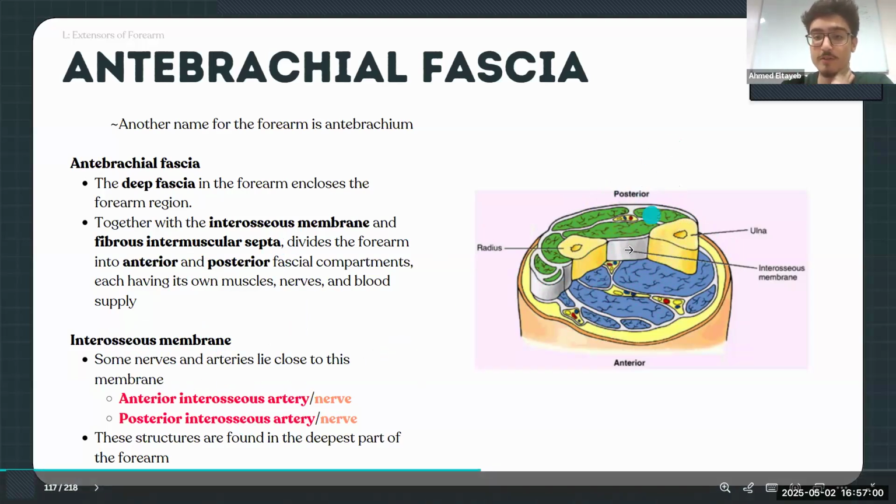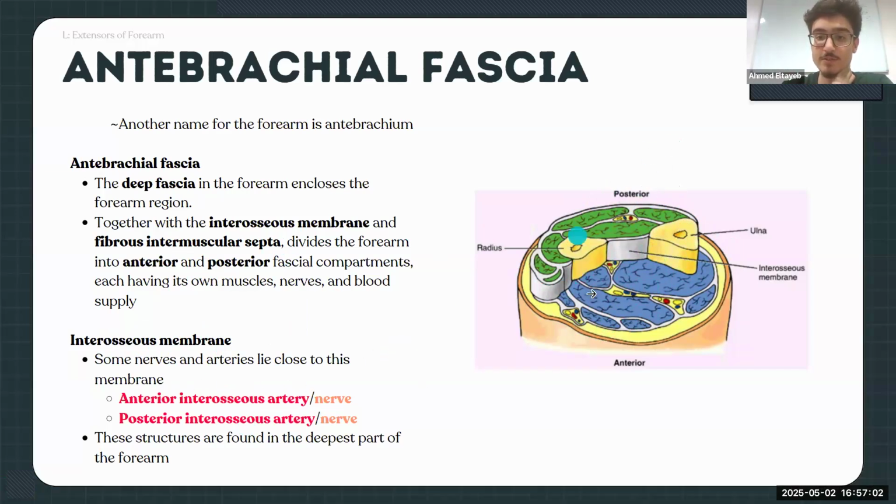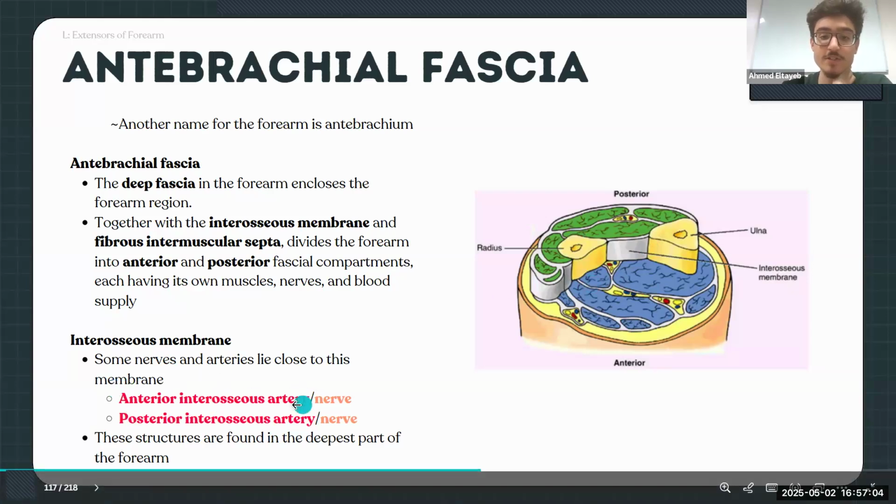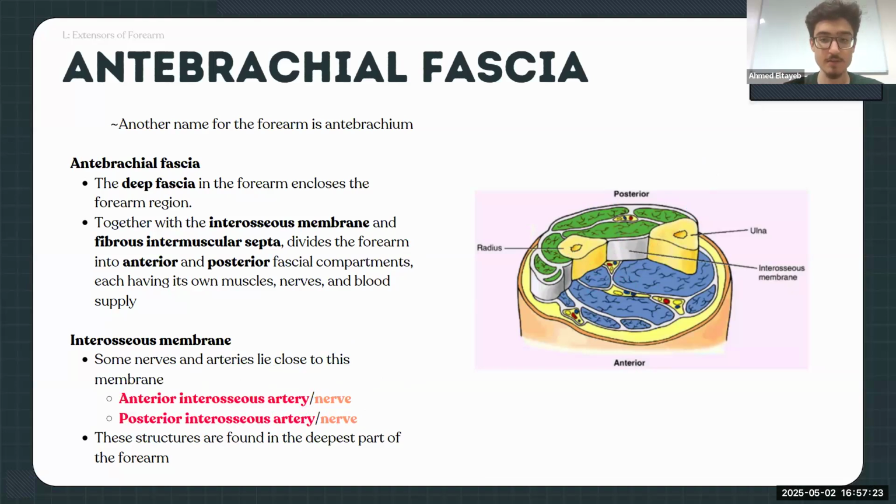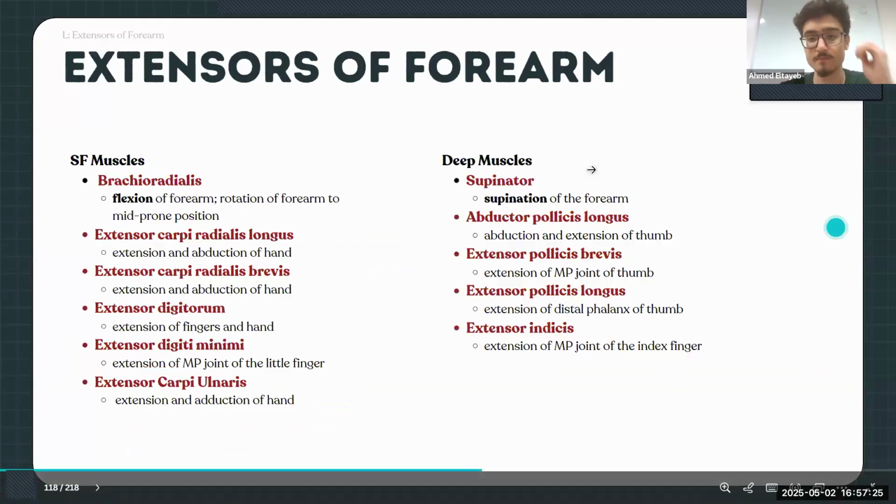Whatever is anterior to it we respectively call the anterior interosseous artery and nerve, and whatever is posterior to it the posterior interosseous artery and nerve. The origins of all this will be touched upon later, because they're not all coming from one origin. You'll see, but keep this at the back of your mind.